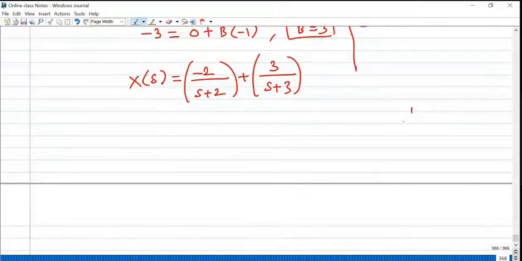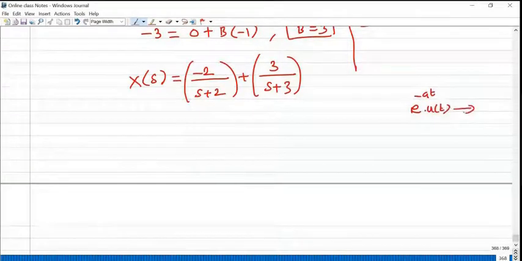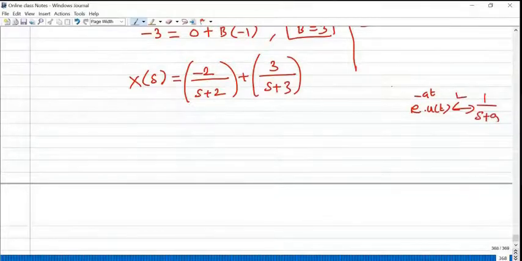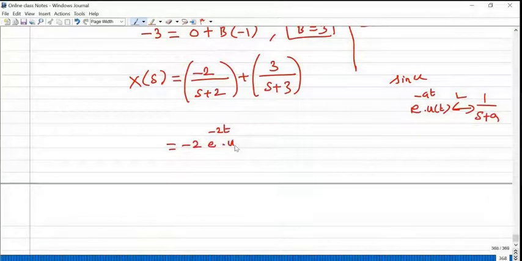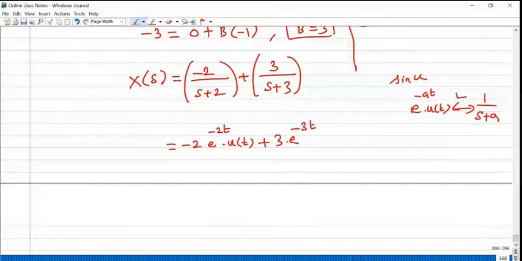ROC is not mentioned. So we know already e power minus at u of t, Laplace transform result is 1 divided by s plus a. So minus 2 is constant here. 1 divided by s plus 2, inverse is e power minus 2t u of t. Plus 3 is constant here. 1 divided by s plus 3, inverse Laplace transform is e power minus 3t u of t.